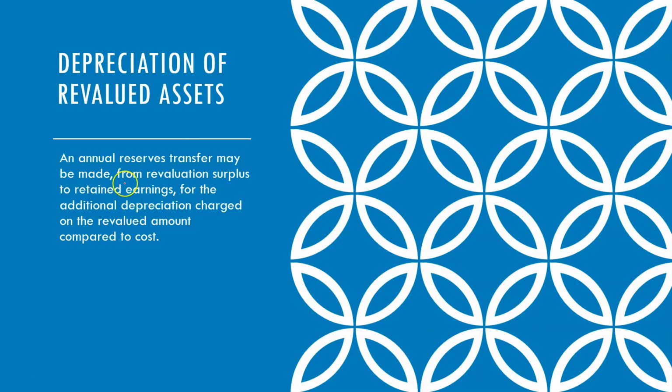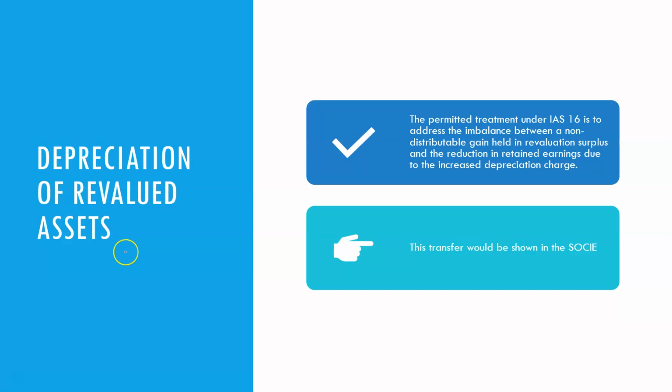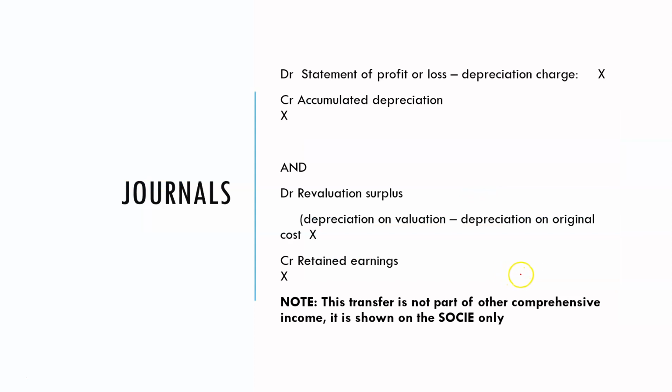And like I was saying earlier, an annual reserve transfer may be made from reval to retained earnings for the additional depreciation charged to the revalued amount compared to the cost. It's really about the imbalance due to the increased depreciation charge. And this transfer would be shown in the statement of changes in equity. But we're just moving that figure really just to balance the depreciation charge.